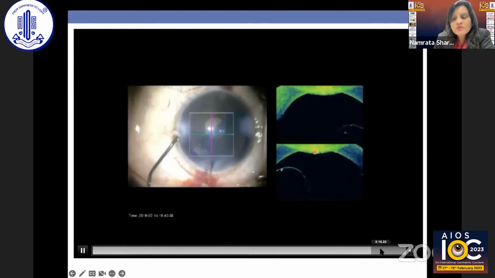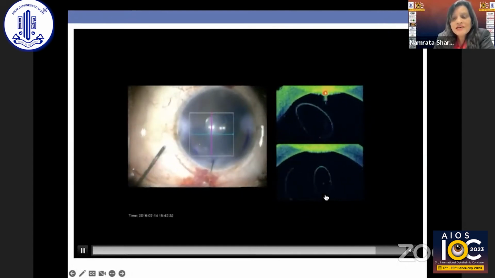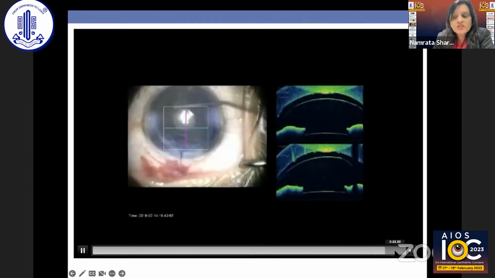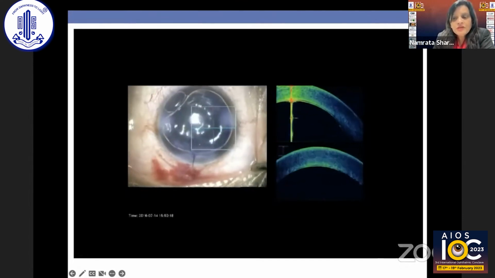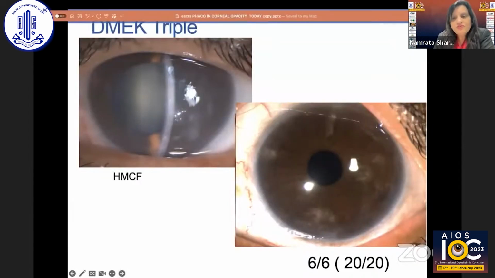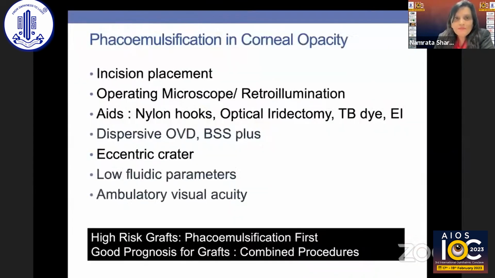And once you get the biceps, now this is upside down graft because it's not biceps curl upwards. This is the correct configuration, and you inject the air bubble. So this is the post-op picture, 6x6, and this is at 1 month, where very faintly you can see the graft on a slit lamp.